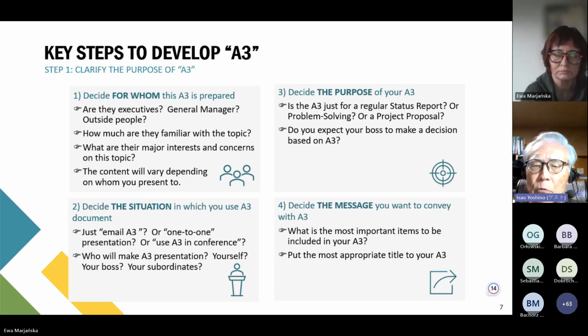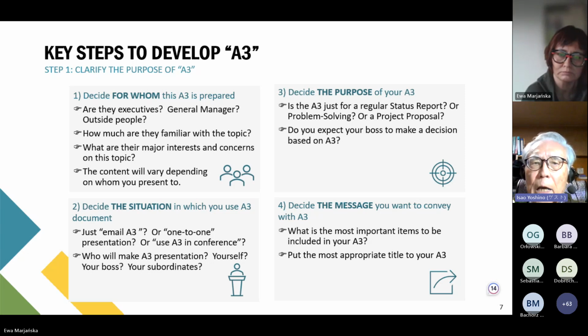You need to take a look at this. What is the purpose of this A3 document, and what does this guy want me to do? Just get some information and that's it, or make some decisions, or just need some actions. So it is so important for the speakers, and also the person who listens to this A3.